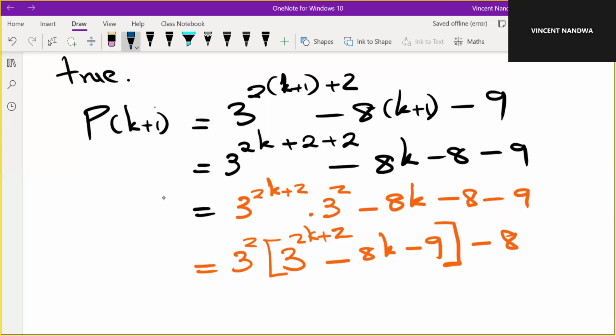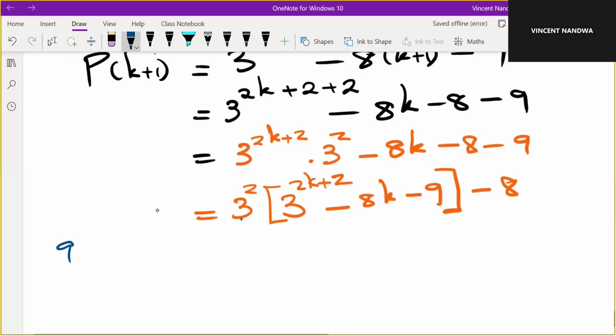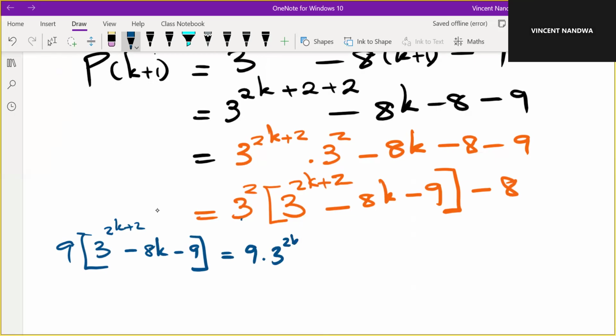If I open the bracket, 3 squared is 9. So I have 9 times what is in this bracket: 9 into 3 raised power 2k plus 2 minus 8k and then minus 9, okay? So when I open it, I have 9 times 3 raised power 2k plus 2, minus 9 times 8k, which is 72k, and then 9 times minus 9, minus 81, okay?